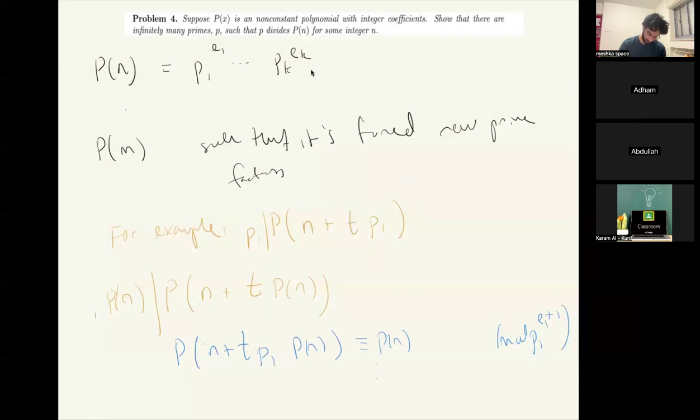In particular, it's not 0, because it's divisible by P1 to the E1, but not P1 to the E1 plus 1. So the number we produce has E1 powers of P1, but not E1 plus 1 of them. In general, if I take P(n) plus t times P1 P2 PK times P(n), this number would always be divisible by Pi to the Ei, but not divisible by Pi to the Ei plus 1.